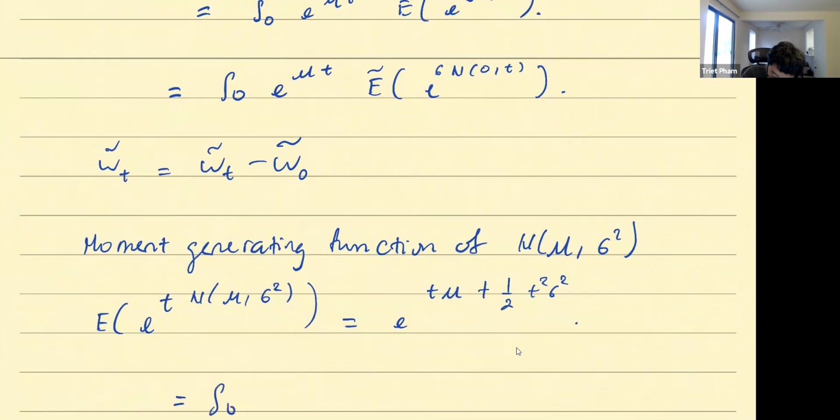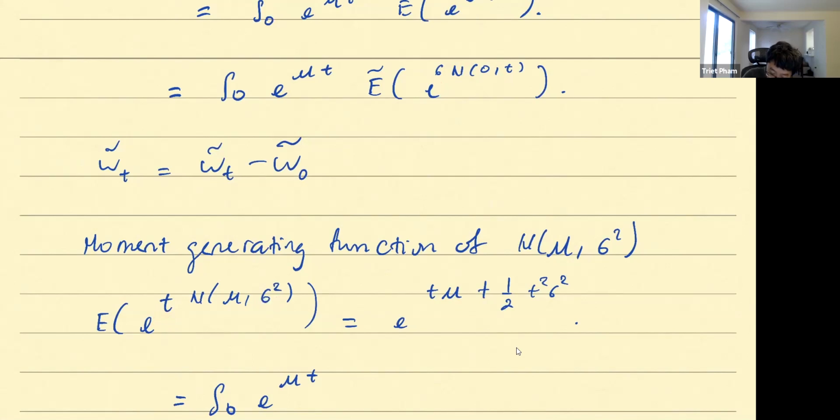It will be S0 e to the mu t. Now, pay attention: in the context of probability, t is a free variable. The variance is sigma square. Here it is just for confusing reasons, but not anything too confusing. Sigma here plays the role of t. Why? Because sigma is a volatility. T here doesn't mean time. T here is just a free variable in the moment generating function. So sigma square here is t.